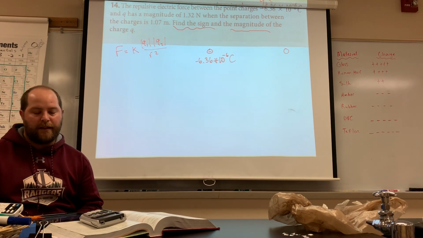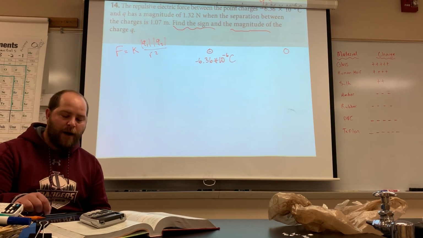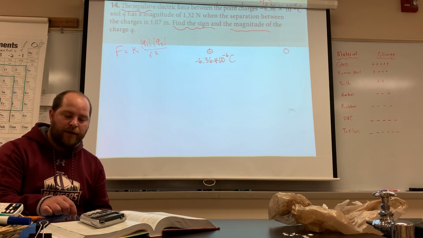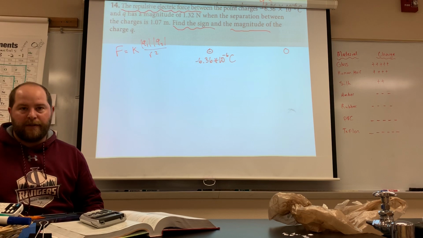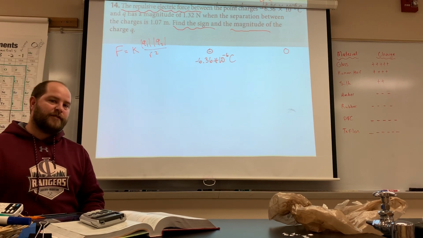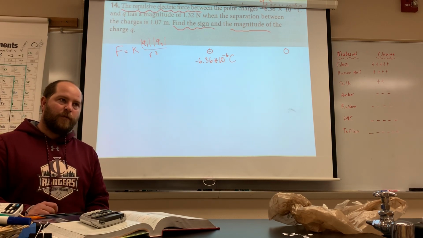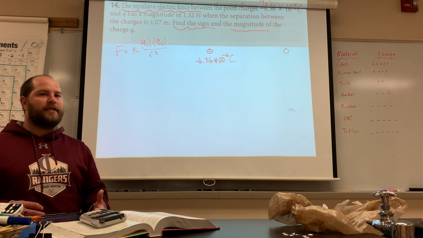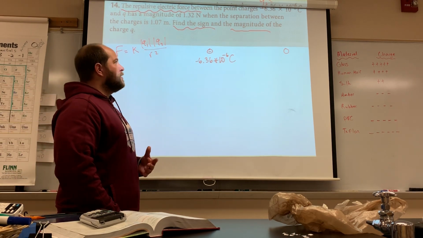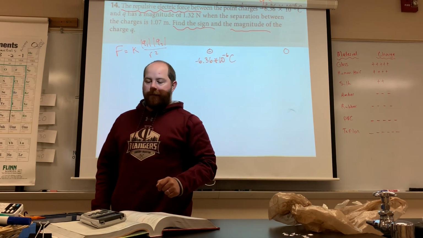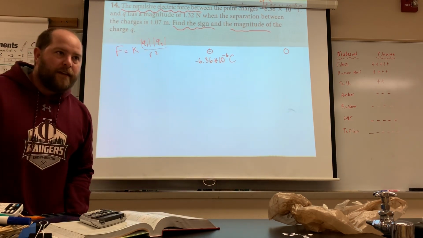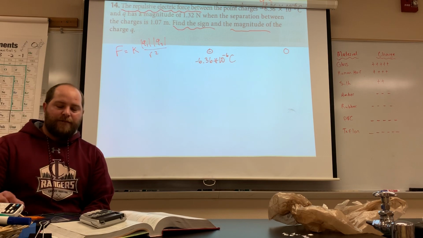Okay, if you read through the problem, it says the repulsive electric force between those 2-point charges. All right, so it's not an attractive force, so that's a big clue to the charge on this Q2 over here. Because it's repulsive, we know that it's got to be the same charge.